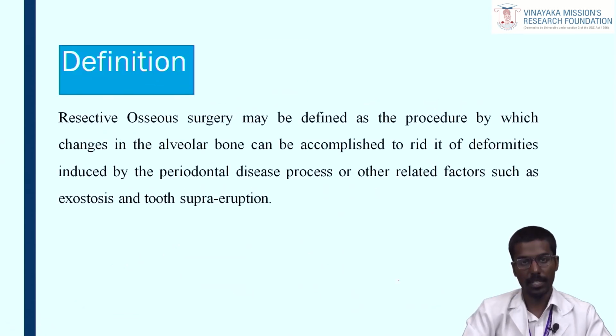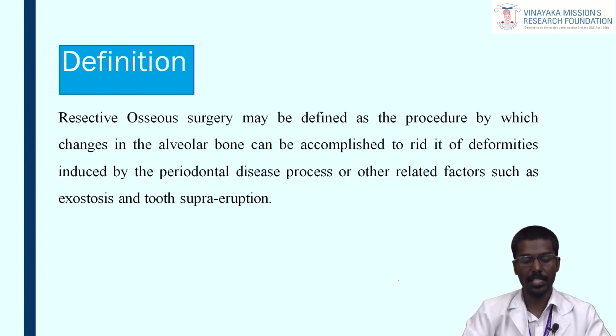So coming on to the definition, what is resective osseous surgery? It is nothing but making some changes in the alveolar bone. Why? Because of the deformities caused by periodontal diseases or other conditions such as exostosis or other disturbances like tooth supra-eruption.